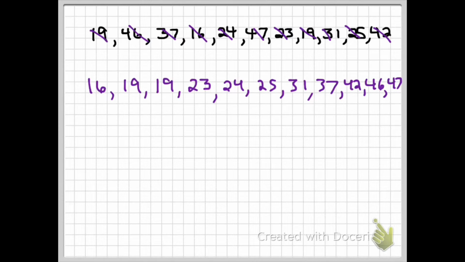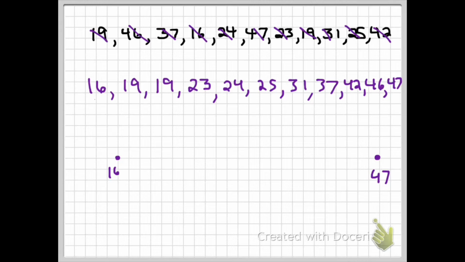Okay, and now the first thing we're going to do is make our whiskers. We're going to be looking at the ends. So we're going to draw a little dot here, 16, and then over here, as long as you give yourself enough room, we're going to put our other end, which is our 47. Now we want to find our median number, which is our middle number.